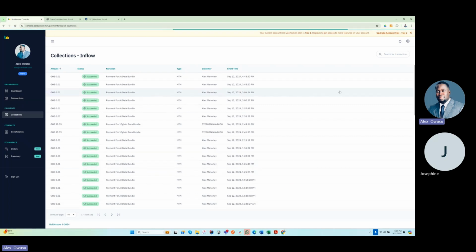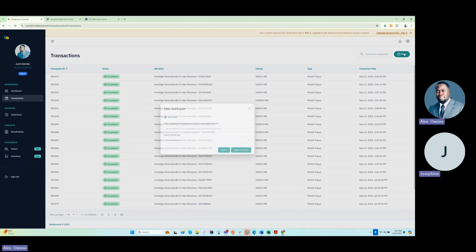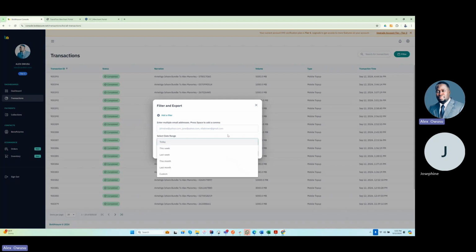So for instance, we can pull all the transaction for today and then it will be exported to your email. And then you'll be able to say, okay, as of today, this is how much on our side we did for all of today, right? So you'll be able to download the transaction for, let's say, today, right?